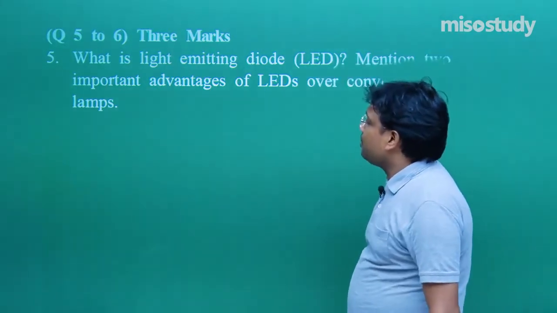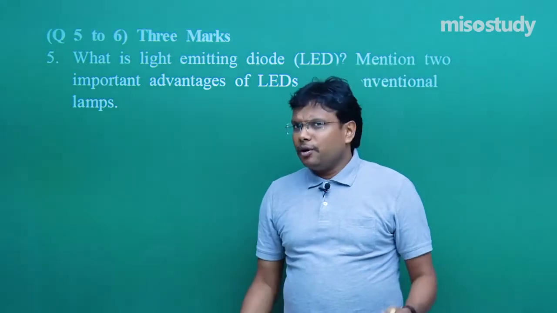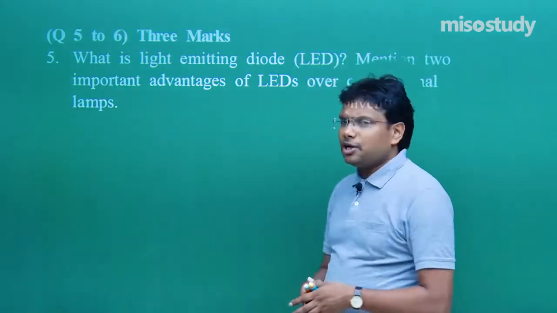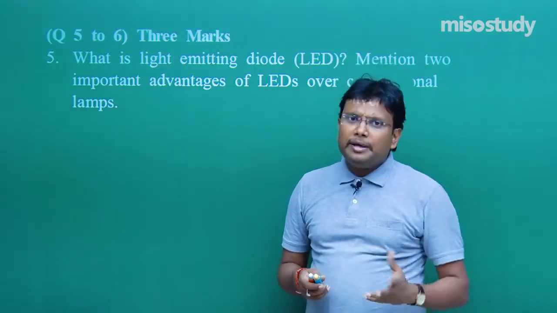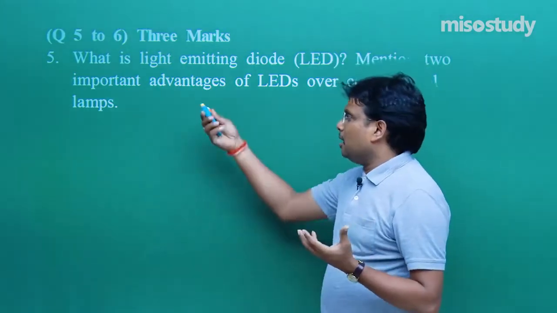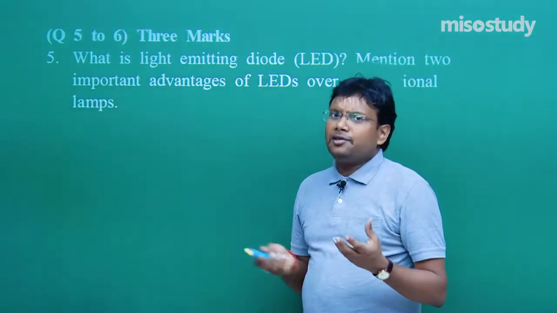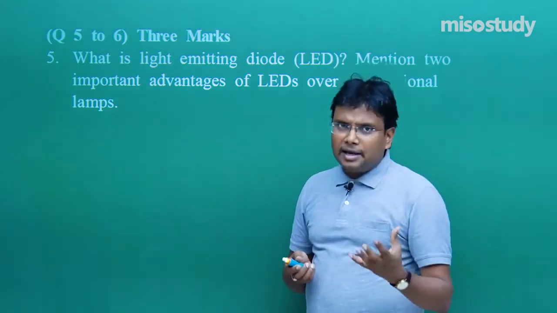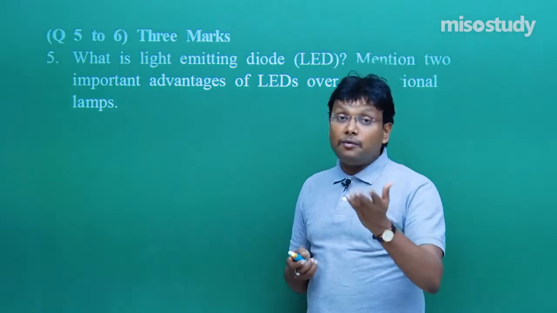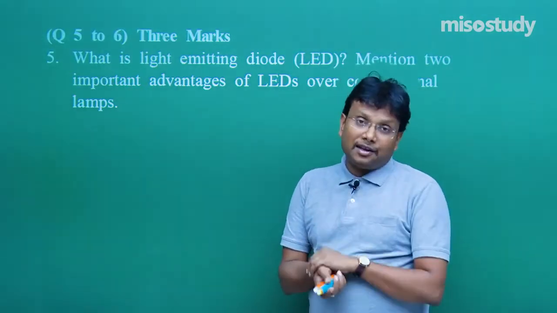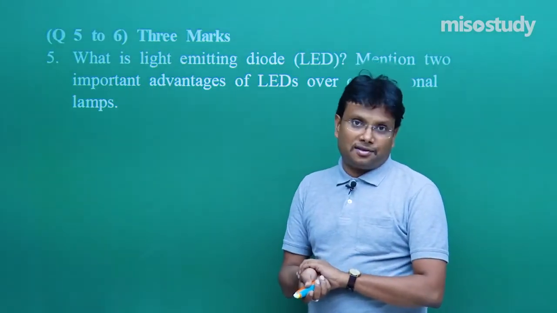Now, mention some important advantages. If you try to recall, I mentioned that cost is one parameter, durability, reliability, or you can say the life of these LEDs, cost, life, performance, colors, various types of colors. Nowadays even traffic signals are using LEDs.